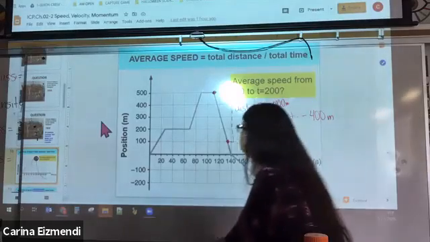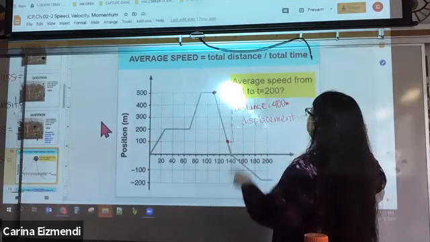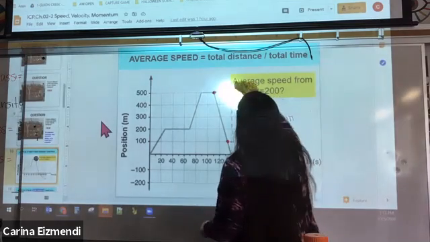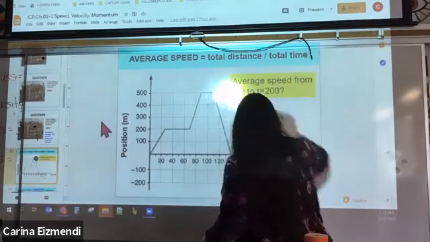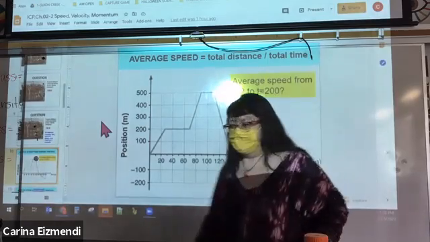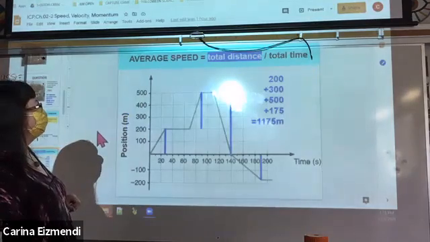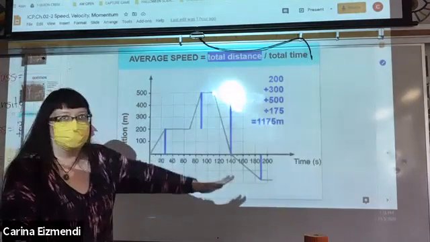Now, if we're figuring out average speed from t equals 0 to 200, oh, I think we just did this. I was thinking this would be a different day when I did this. Okay, so for the average speed, we've got to do the total distance over the total time.